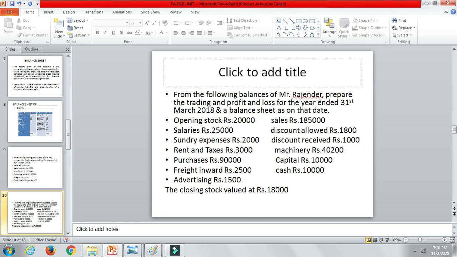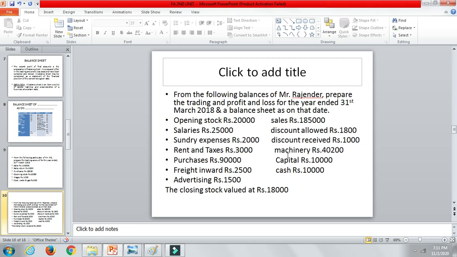You need to remember all this, and obviously use some logic also. If it is manufacturing, it will be a little bit clear: sales, purchases, stock and all will be related to manufacturing, whereas advertising, or rent and rates, these all will be related to the profit and loss account.